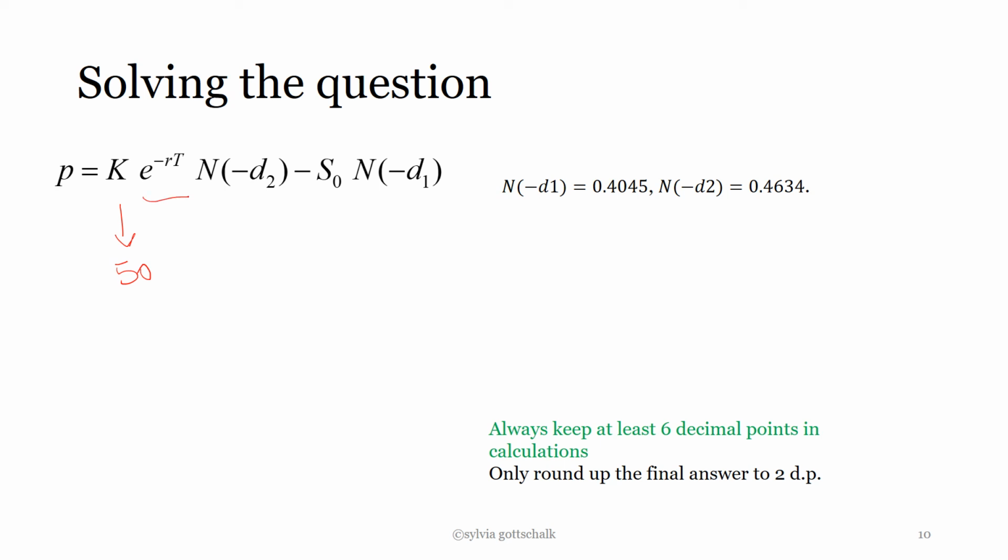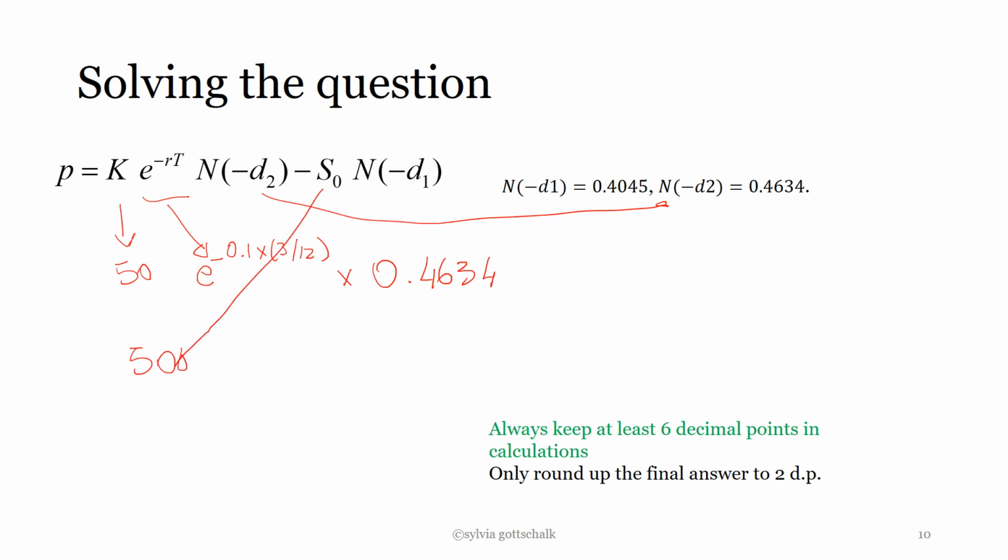Now you need to calculate this. It's going to be e to the power minus 0.1 times 3 over 12 times, well, N(minus D2) is here, so it's 0.4634. The second bit of the equation is S0 here times 0.4045.